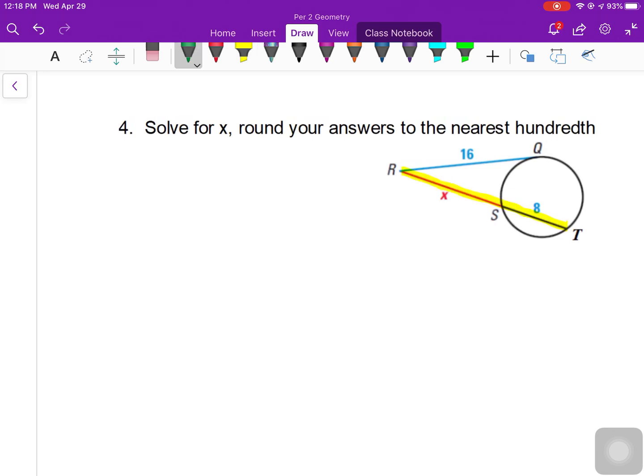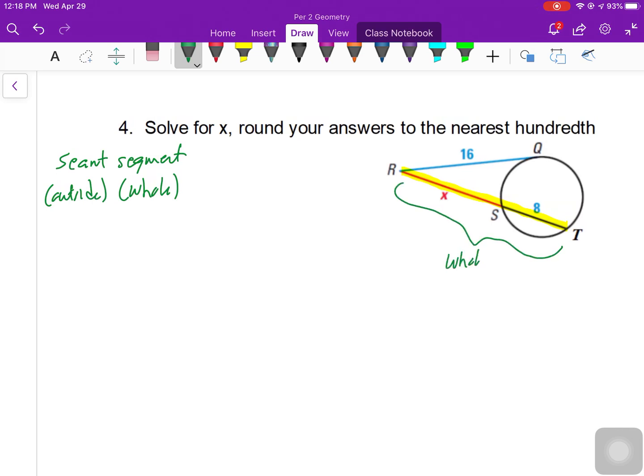Okay, so you can see that we do have a secant segment. The one that I've highlighted here in yellow is a secant segment. For a secant segment, we're going to take outside times whole length. Now this whole length right here will be if we add the x plus the 8.